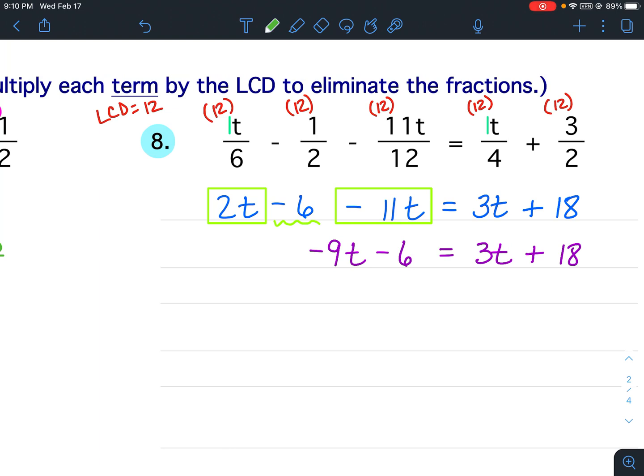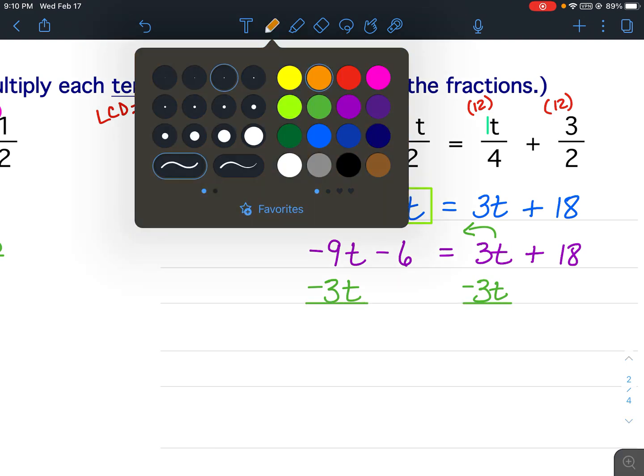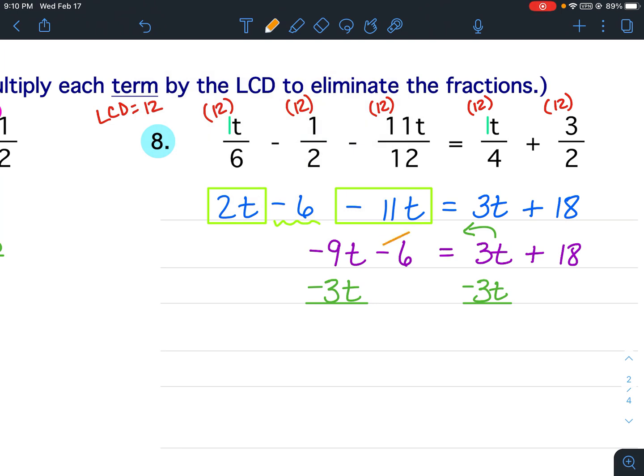And the third step is now to take my variable term to the left. It's positive, so I'm going to make it negative. And take my constant term to the right.